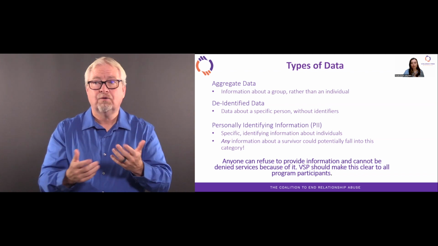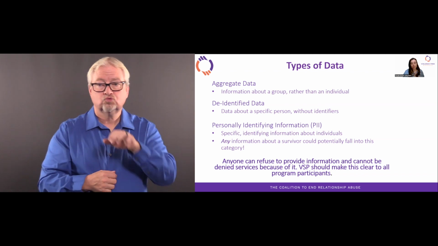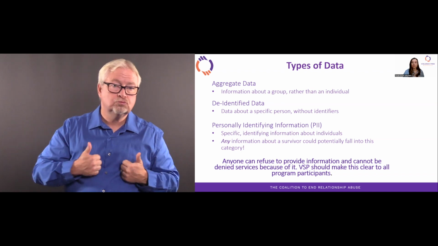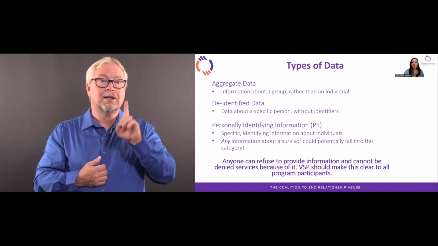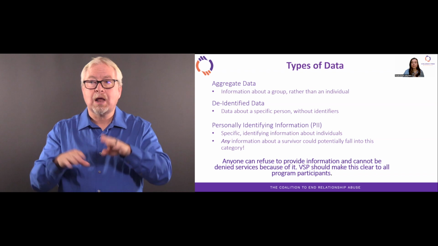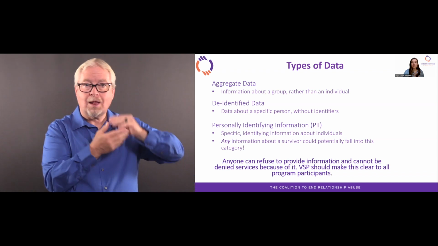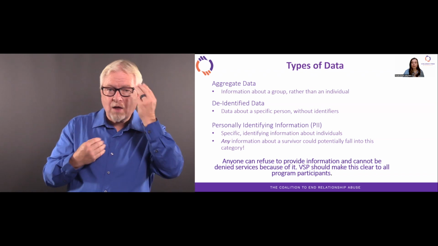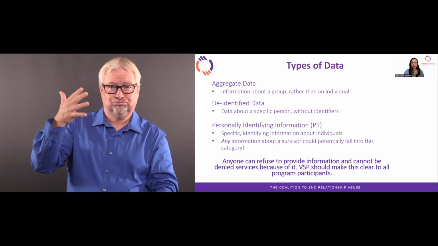It can include detailed information such as first and last name, social security number, address, date of birth, demographic information, household members, medical conditions, and more.